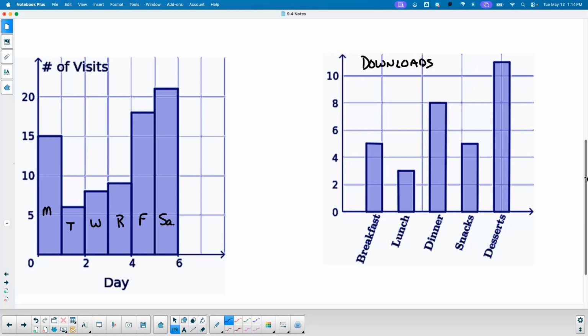So 72 people visited the site, but they only had 5, 8, 16, 27, 32 downloads. Okay? That's basically all we can get out of these, right? All right, let's see the next set of data.